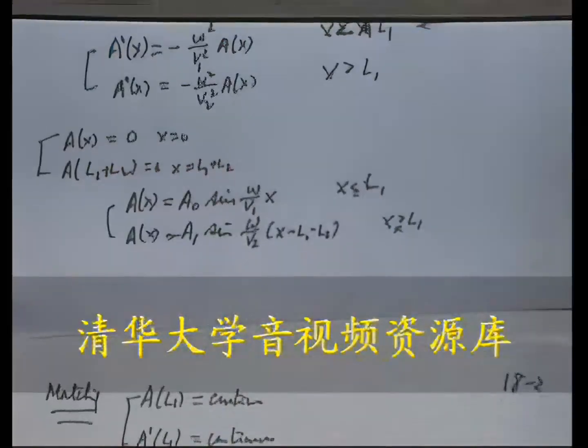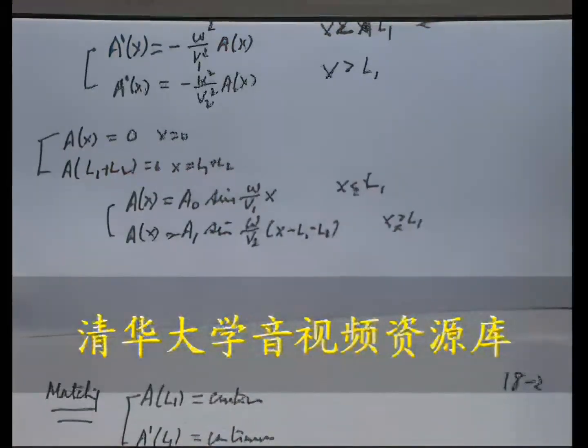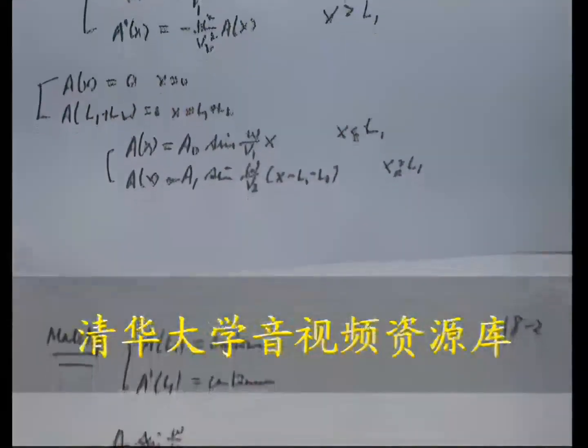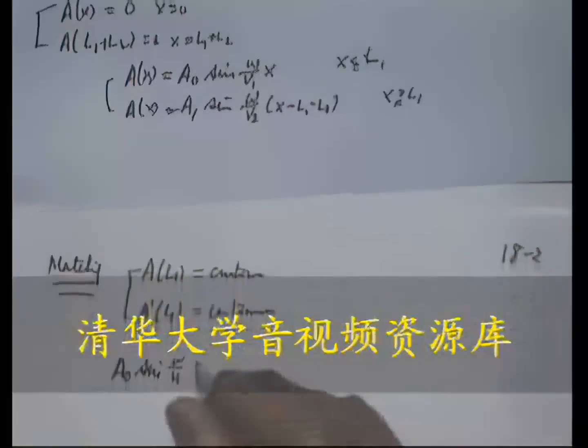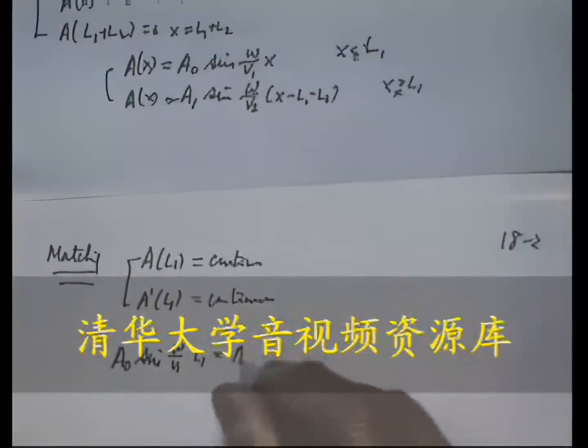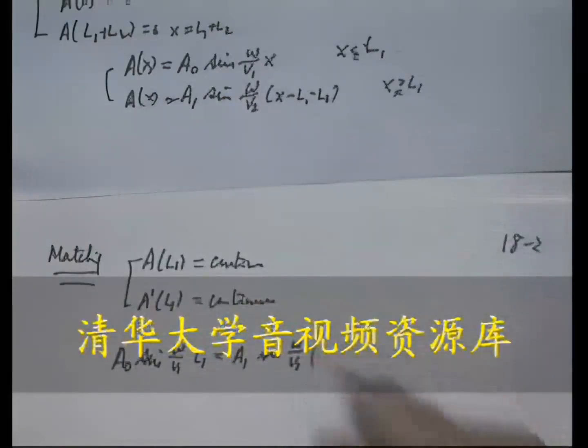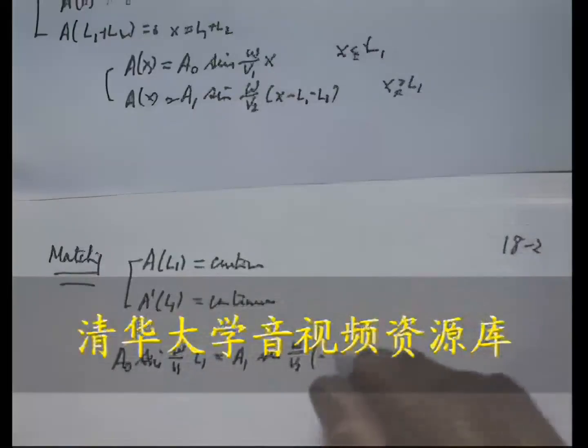So we get A0 sine omega over V1 of L1 is equal to A1 sine omega over V2 of minus L2.